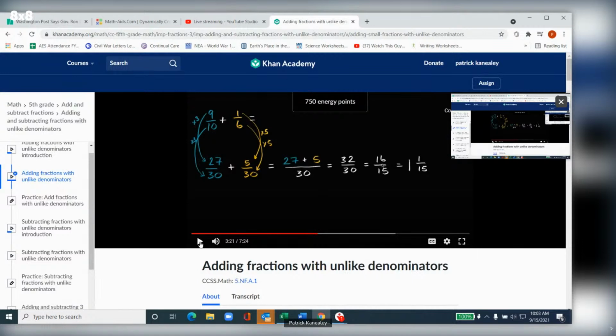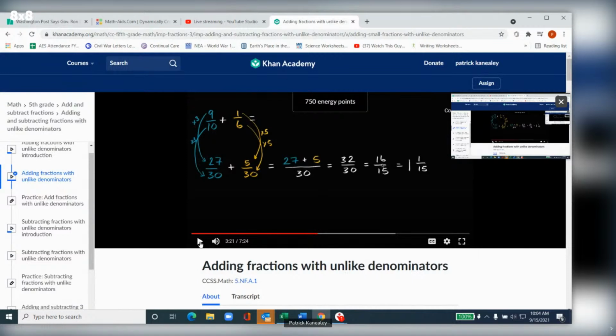But we found 30 was a smaller number, and it's going to save you some time at the end, because you have to do more reducing if you do the 6 times 10. So what number does 6 go into that 10 also goes into? It's going to be 30. 6 times 5 is 30. 10 times 3 is 30, okay?